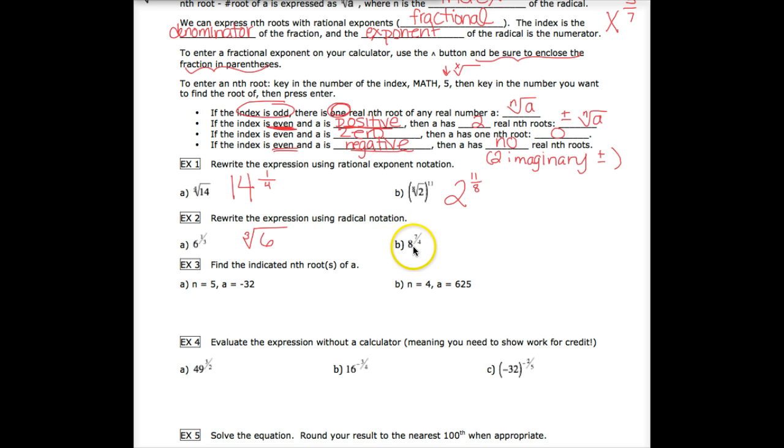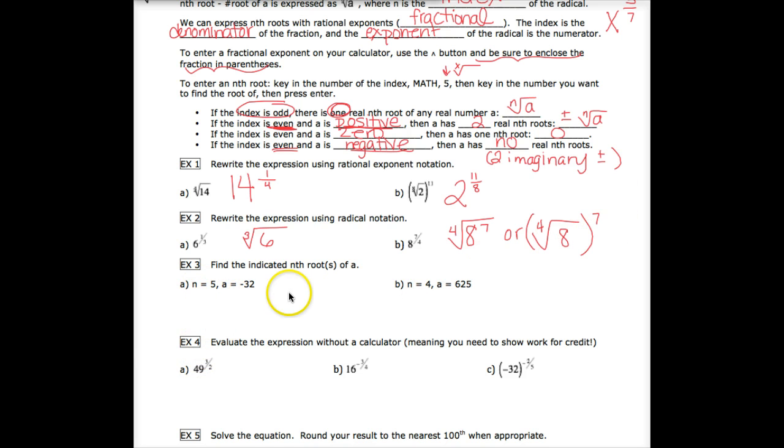You try B, see if you've got it right. So you should have fourth root of 8 to the 7th. Sometimes it's helpful to write the exponent on the outside as well. Either of those are correct and they're equivalent expressions.